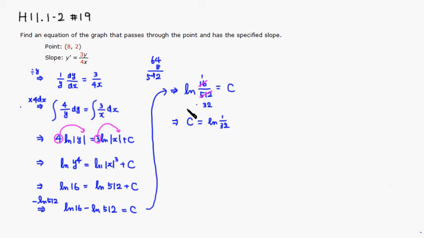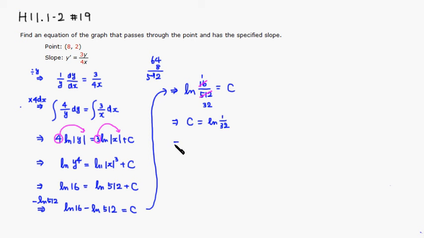Let's go back to the equation here. You notice that the y value is positive and the x value is also positive, so we can get rid of the absolute value signs.